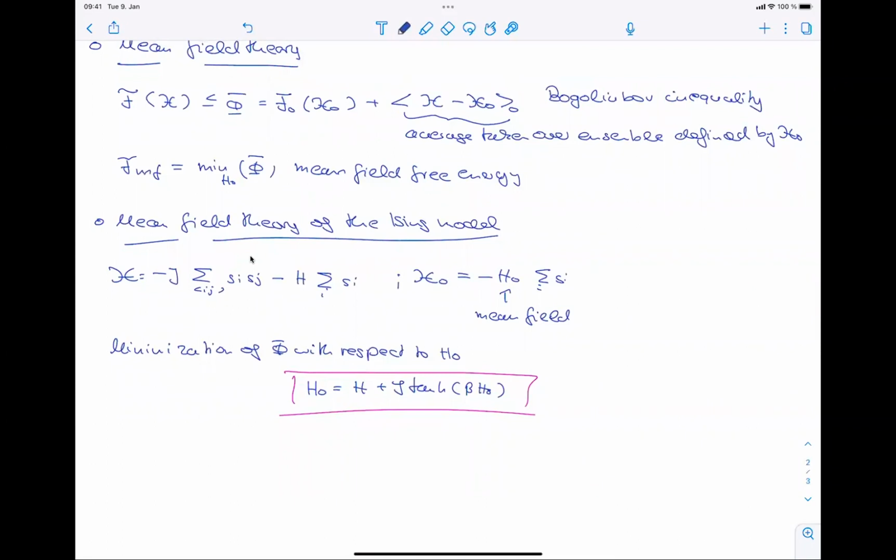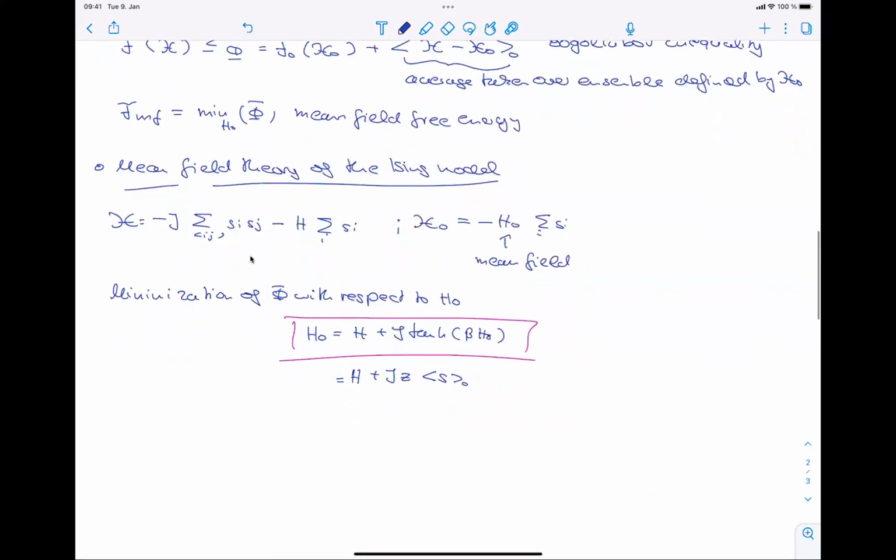And notably, we can identify this second term as being the average spin. So what is actually stated there is that the mean field is H plus J times coordination number times the average spin S. But it's already very insightful to have this condition on the mean field, because we can now look for solutions of the mean field according to this equation.